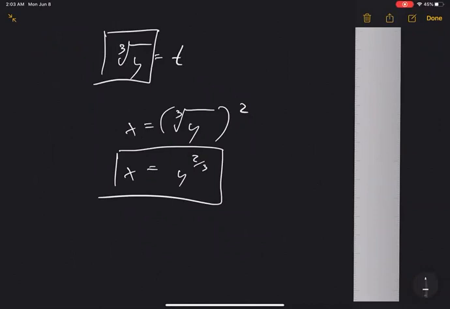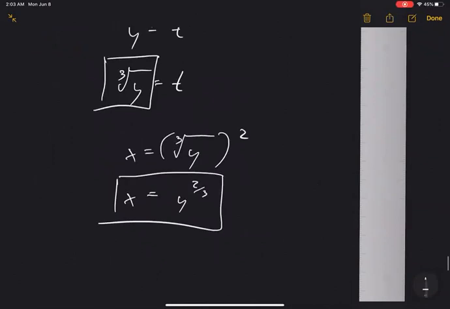Now, the situation gets a bit more complicated. I would say this way is always safe.